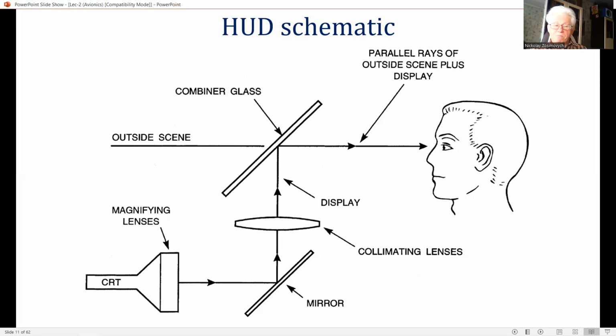The fundamental importance of collimation to any HUD system merits further explanation for the benefit of readers or any other pilot whose knowledge of optics needs refreshing.